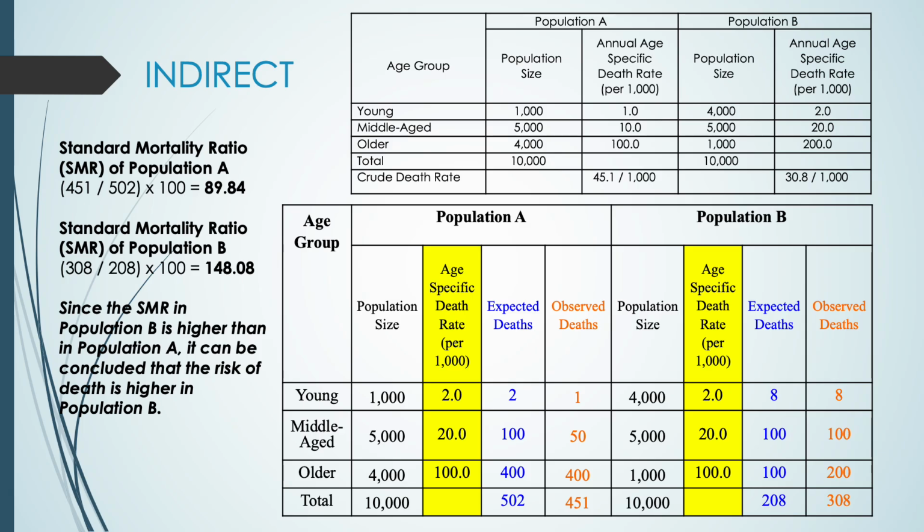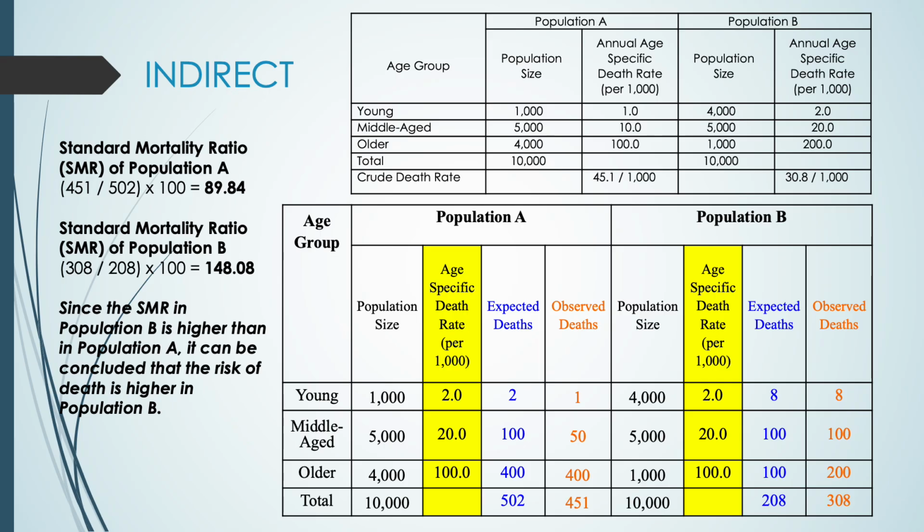So we now have the values. SMR, or the standard mortality ratio, is observed death rate total over expected death rate total times 100. So 451 over 502 for population A times 100 is equal to 89.94 for population A. For population B, we have 308 over 208 times 100 is equal to 148.08.